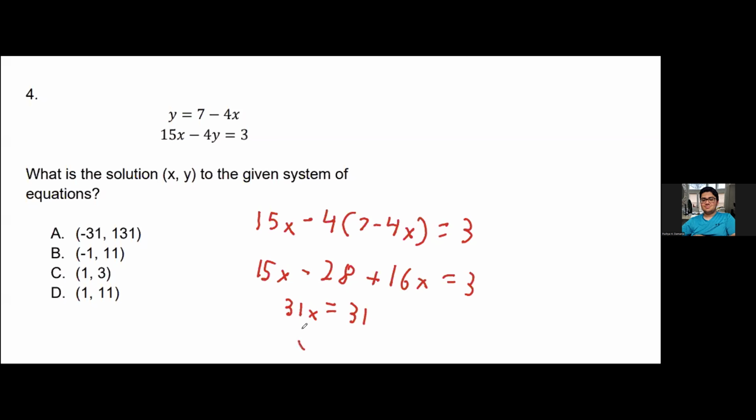So that gets you x equals 1. And then you plug in to solve for y. So we have 7 minus 4x, where x is equal to 1 now, as we have figured out. So that's 7 minus 4. y is equal to 3. So the correct answer would be 1, 3, which is answer choice C. Okay, question 5.